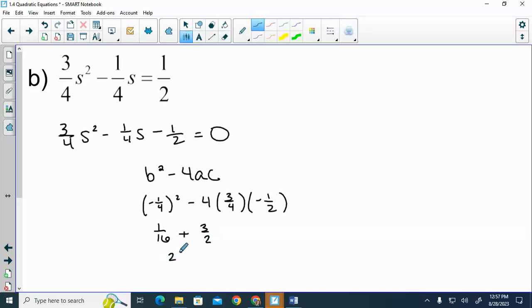So we get 25 over 16. What does that tell me? Two real solutions. Positive number, that's all we care about. If it were a negative, what would we have said? Two imaginary. And if we got 0, then it's just 1 real.